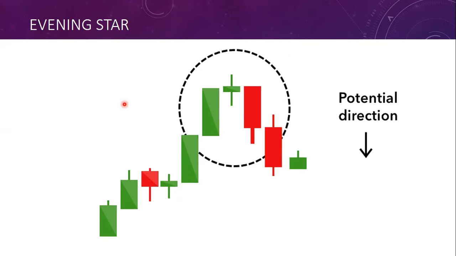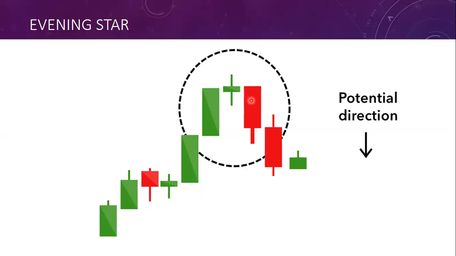So we spoke about 1 candle patterns, we spoke about 2 candle patterns, and now the evening star is a 3 candle pattern. The 3 candles, very simply, are 1 bullish candle, a doji, you remember the doji?